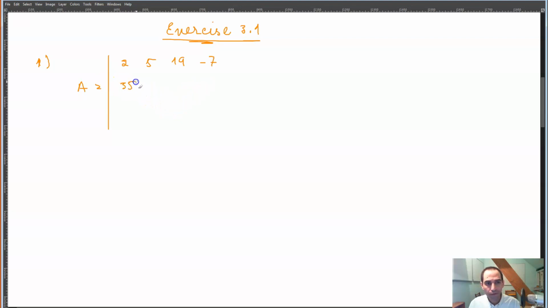We have 35, -2, 5 halves, and 12. You have square root of 3, 1, -5, and 17, right? You want to know, first of all, what is the order of this matrix. The order is basically, you have 3 rows here and 4 columns, so that's a 3 by 4 matrix.